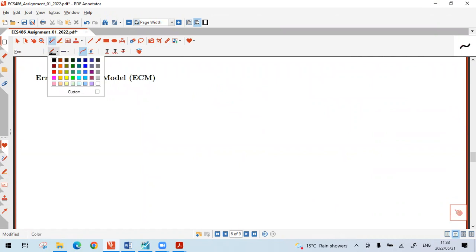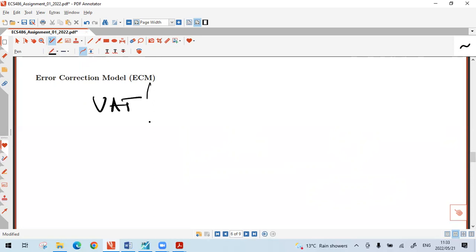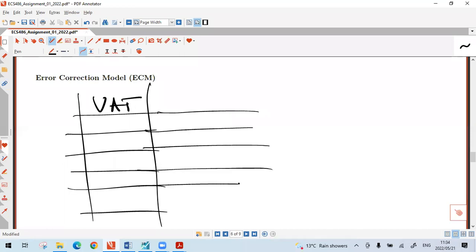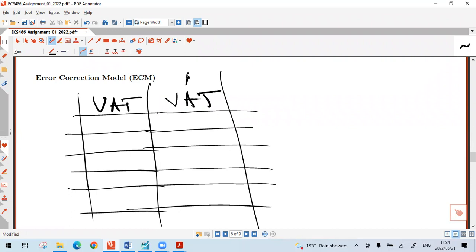We now want to come up with a model. Let's say we have our VAT. This VAT is on Excel. This is the data that you are given, right? After coming up with our model and everything, let me put figures.